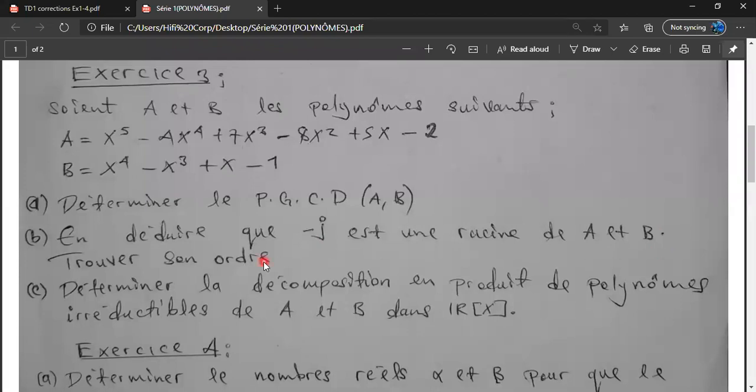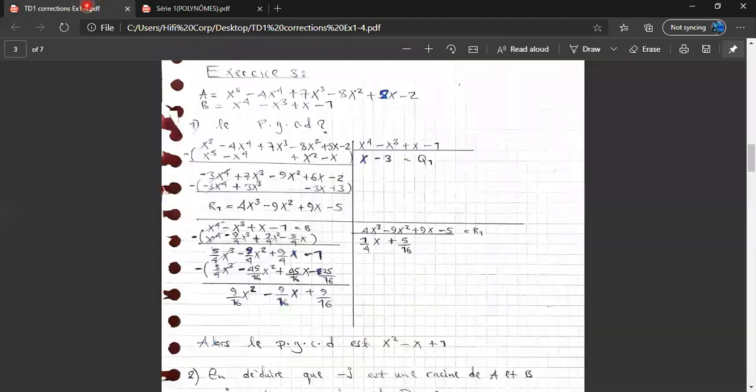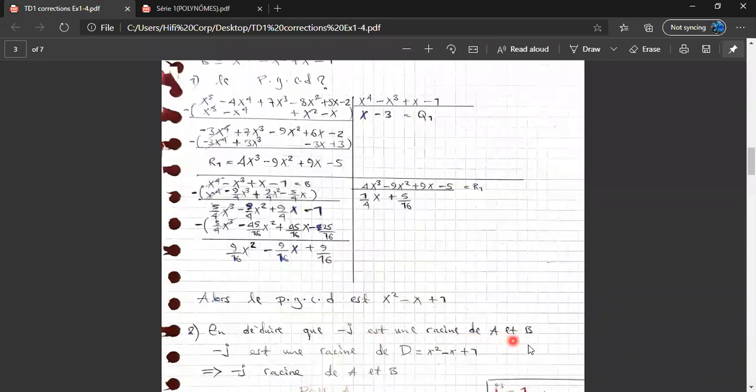Its order is just the multiplicité. C'est la même chose. They can use trouver l'ordre de multiplicité, or they can just say trouver son ordre. So c'est la même chose. We're going to deduce that negative j est une racine de A et B.